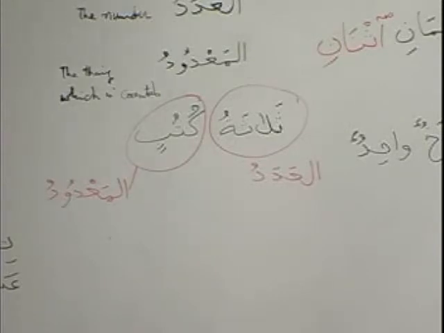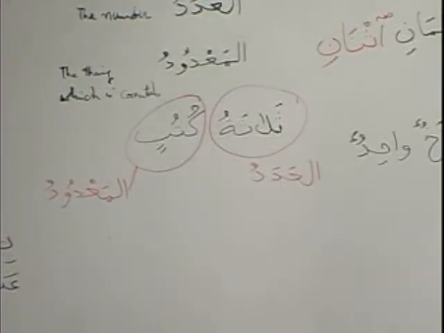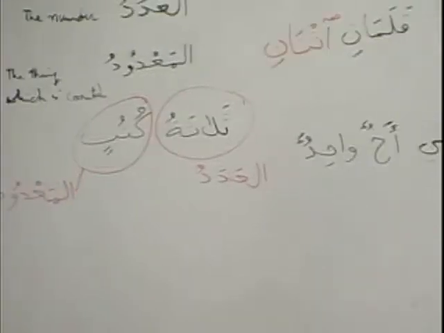Now, let us analyze it. Ma'dud is mudaf ilayhi. Is it correct? Brother Abdul Samad, ma'dud is mudaf ilayhi. And what is it? Is it singular or plural? Kutubin. Plural.